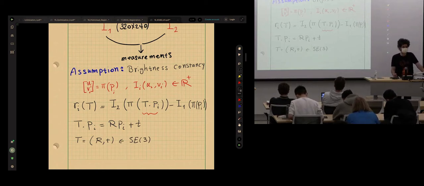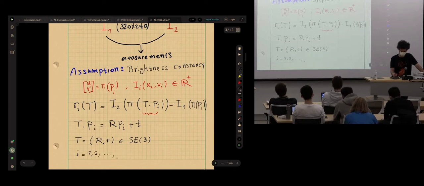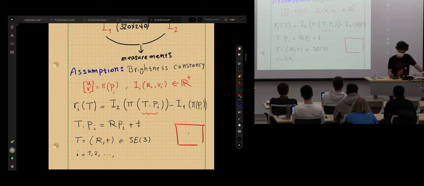So how many of these residuals do I have? $60,000? Let's say this is the image size.